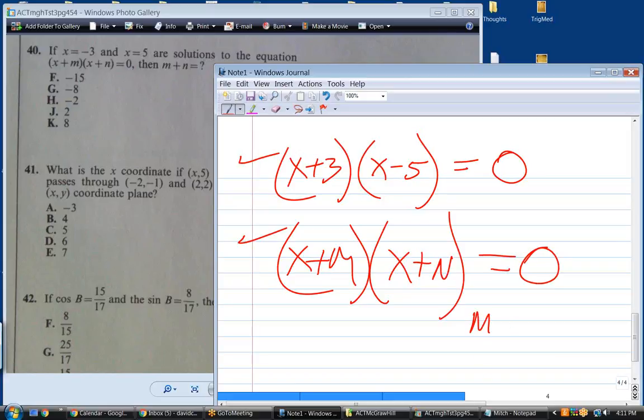Therefore, m has to be equal to 3 and n has to be equal to minus 5. m plus n is still minus 2. Okay. So to be more precise here, I needed to write this one based on the first half of that sentence and then compare it to what they gave us to figure out what m and n had to be.